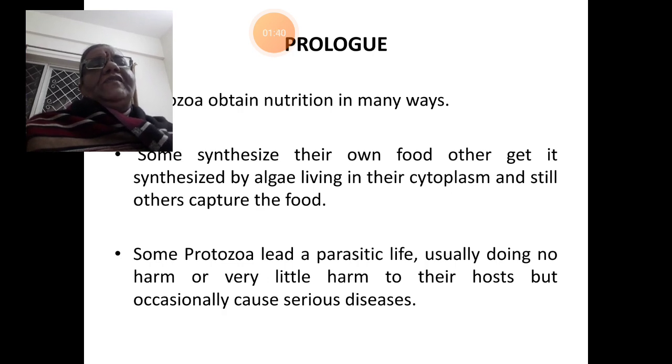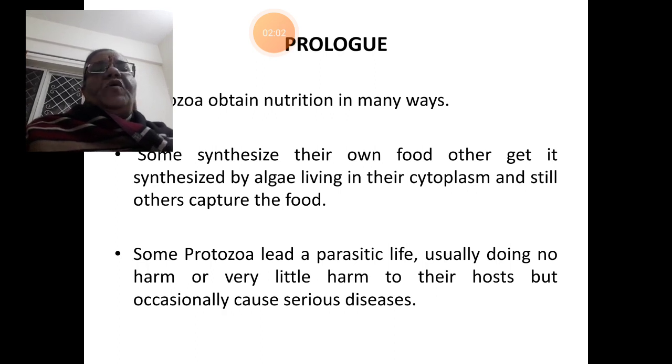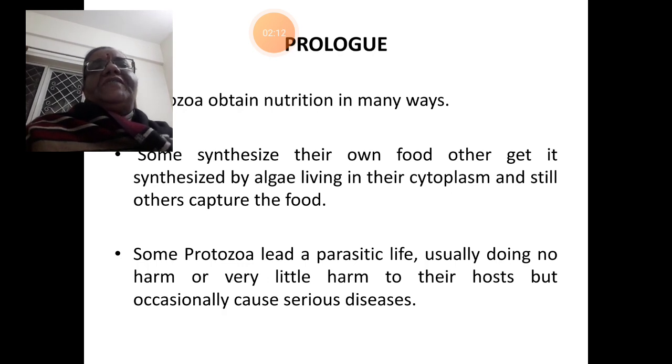Some protozoans like Euglena, Chlamydomonas, etc. synthesize their own food, or get it synthesized by algae living in their cytoplasm, a sort of symbiosis, and a few more protozoans capture the food.